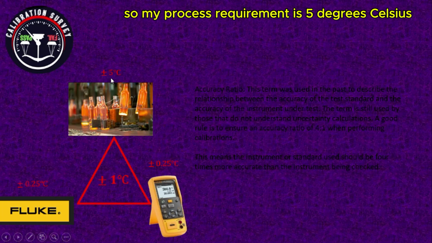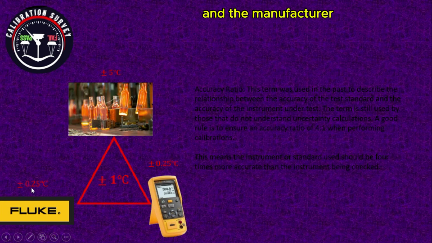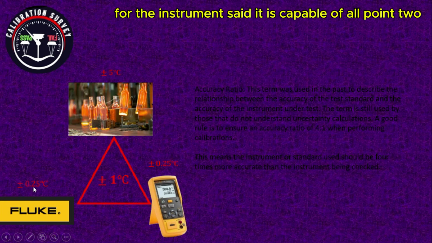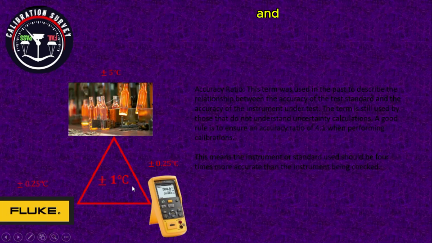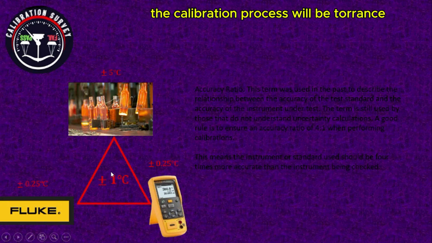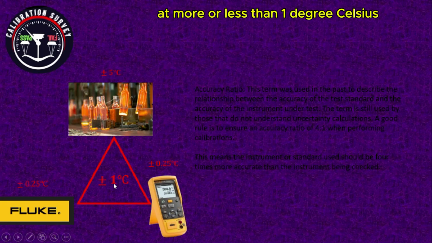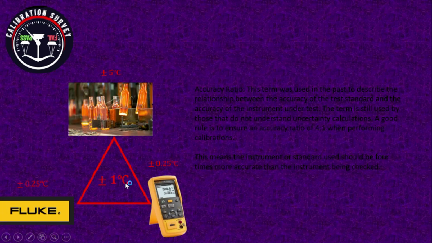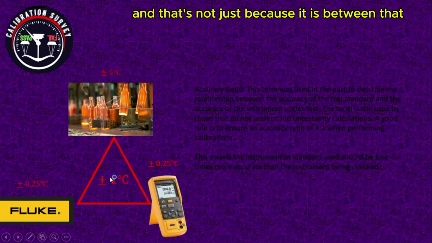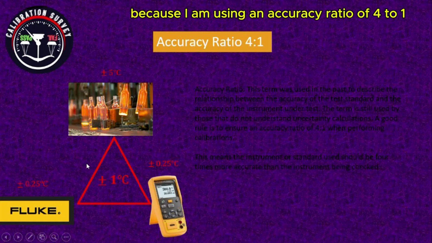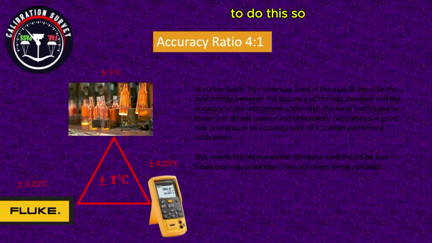So my process requirement is 5 degrees Celsius and the manufacturer for the instrument said it is capable of 0.25 degrees, and the calibration process will be tolerance at more or less than 1 degree Celsius. And that's not just because it is between those, because I am using an accuracy ratio of 4:1 to do this.